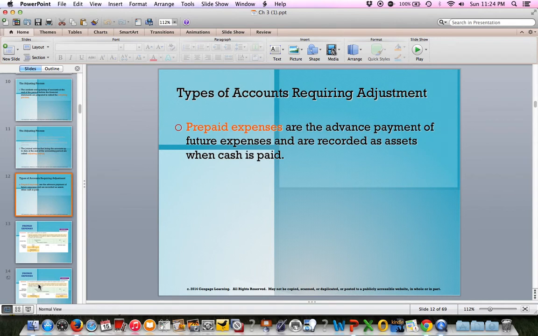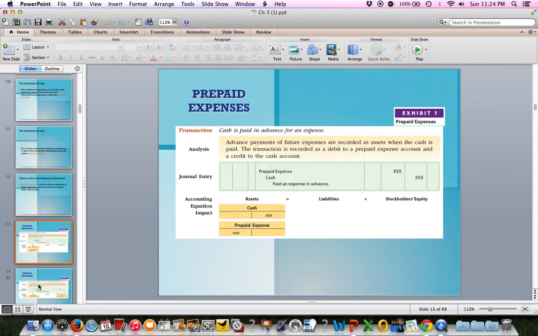Okay, so prepaid expenses, the advance payment of something for future expenses. So I'm giving up cash now for several months worth of expenses. An example here says transaction: cash is paid in advance for an expense. And so the concept here is to debit an asset called prepaid expense.